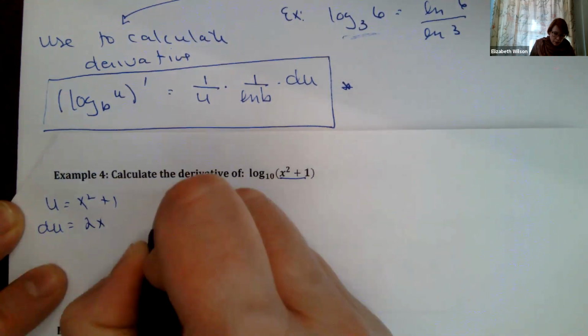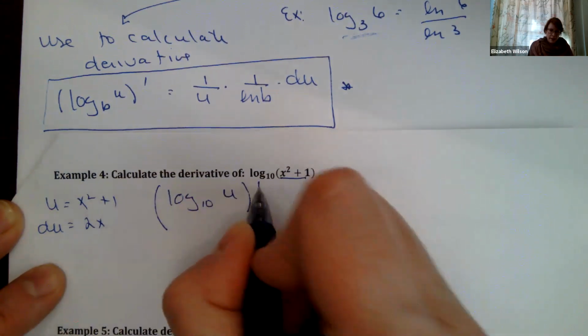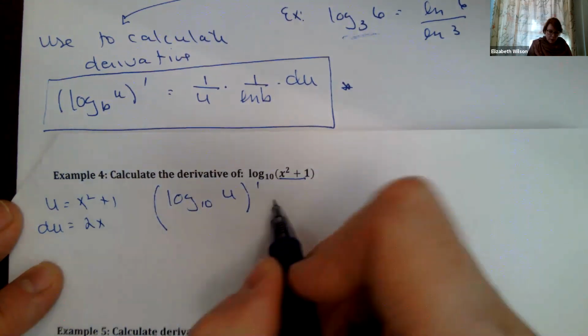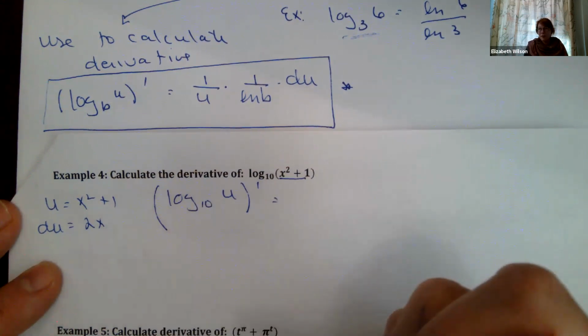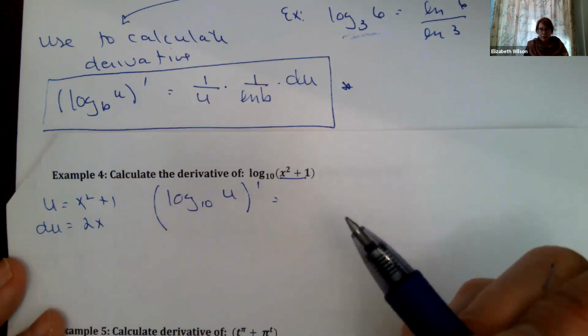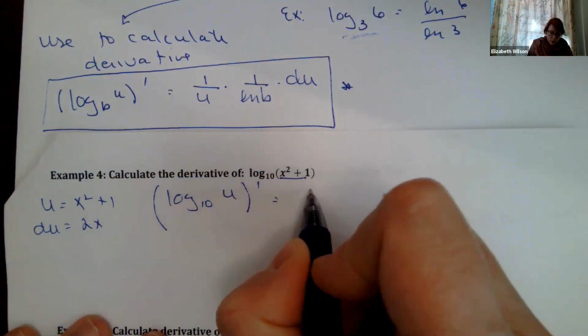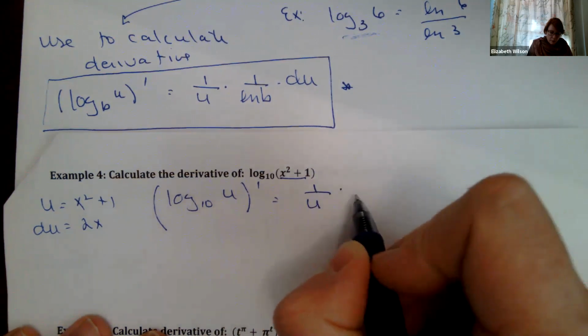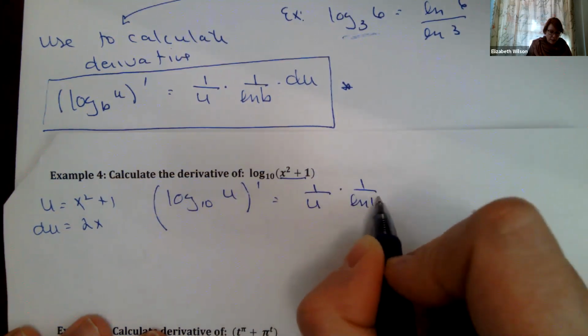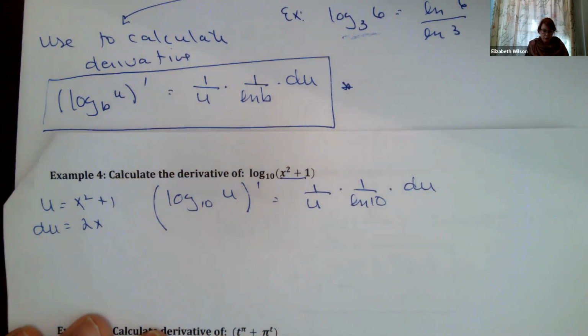And I'm going to write this as log base 10 of u, and I want to find that derivative. Log base 10 is not so bad. I actually have a button on my calculator for it, but we want it to be in natural log form. So this is going to become 1 over u times 1 over the natural log of 10 times du, my chain rule.